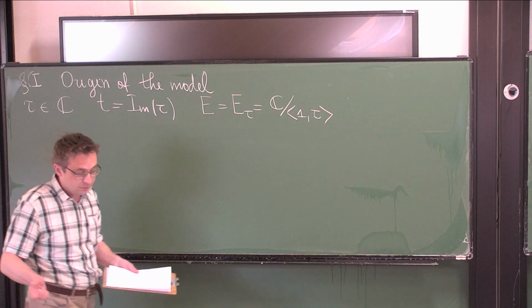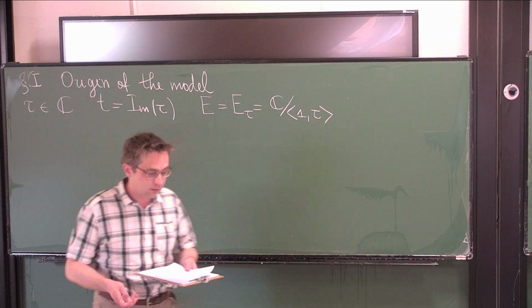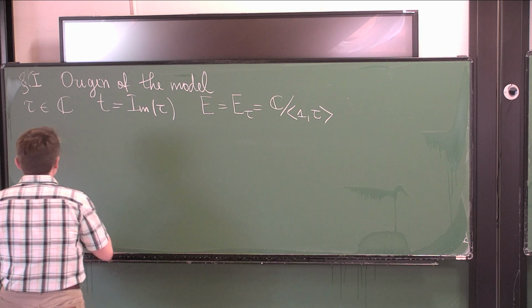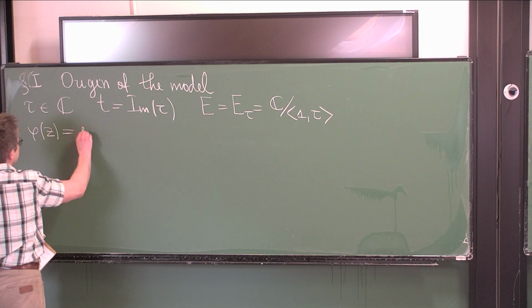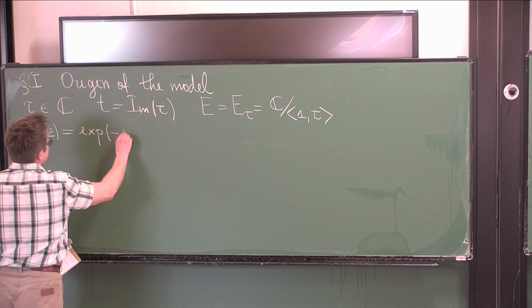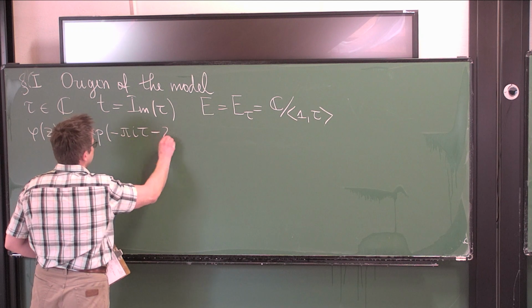As already mentioned, we have to choose a Hermitian line bundle, and the way to get it runs as follows. So I consider a particular function phi of z.